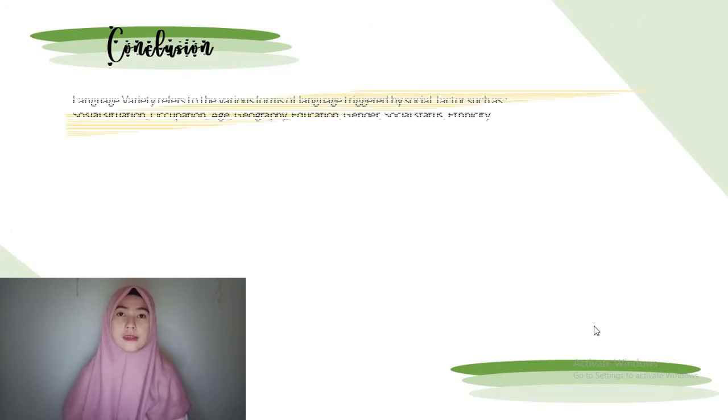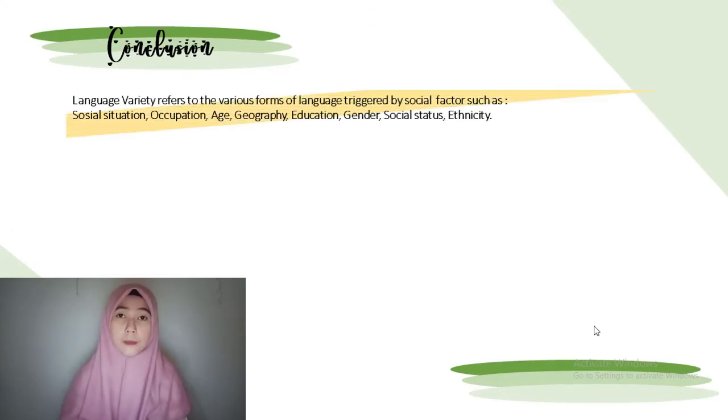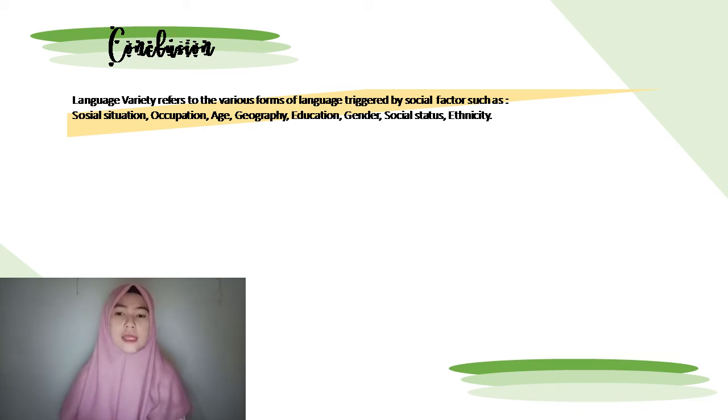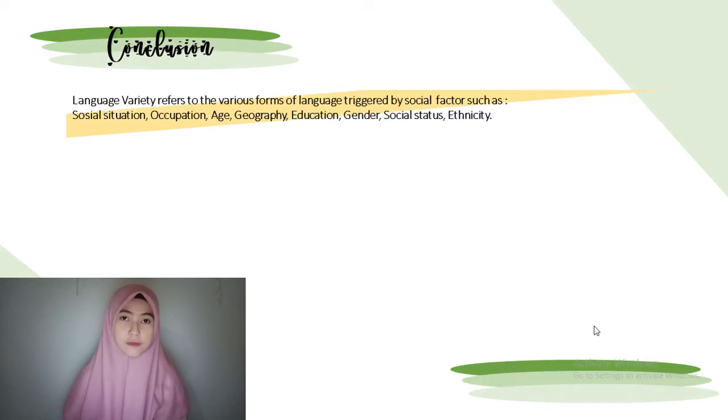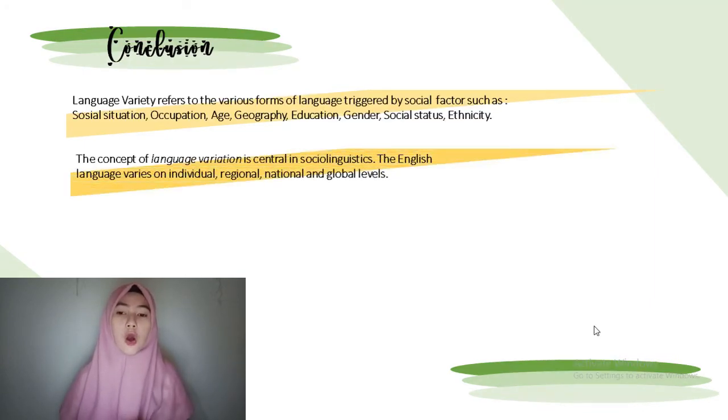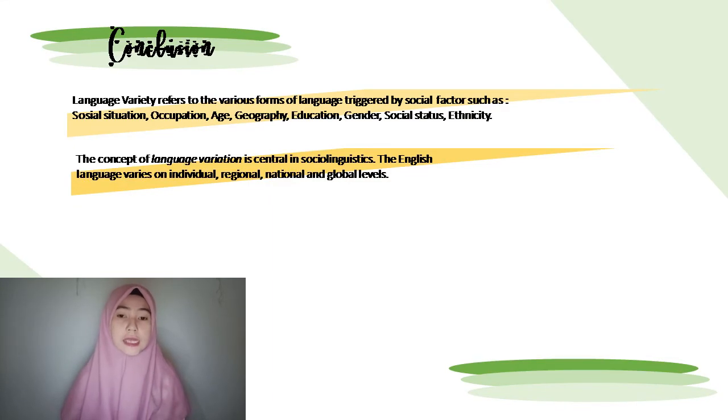Okay, next, the conclusion of the material on language varieties: language variety refers to the various forms of language triggered by social factors such as social situation, occupation, age, geography, education, gender, social status, and ethnicity. And the concept of language variation is central in sociolinguistics.